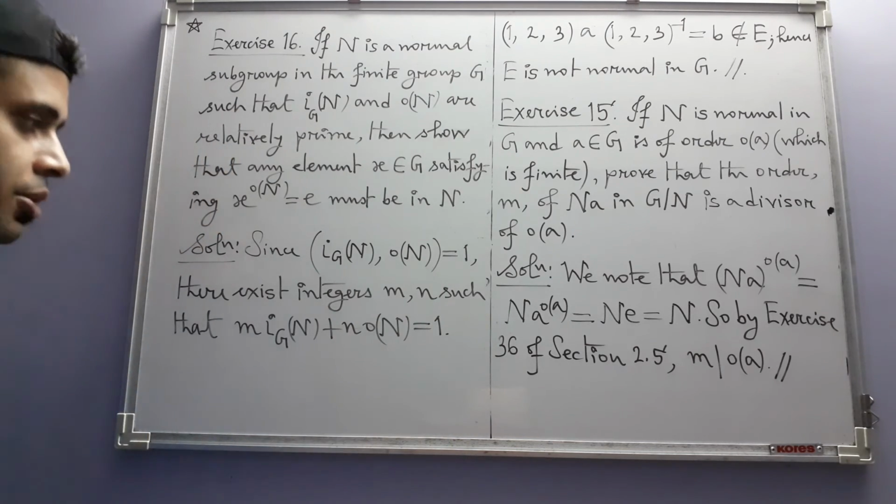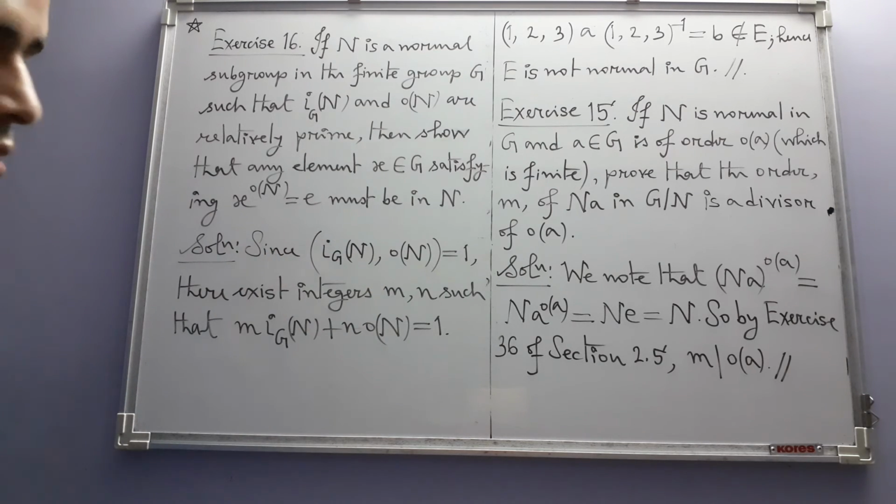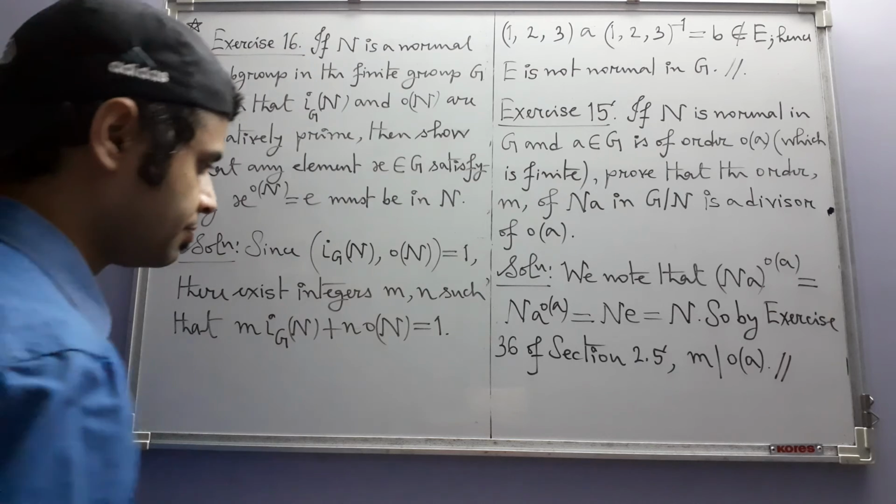Such a linear combination will be equal to 1. This comes from the relative primality of these two numbers.